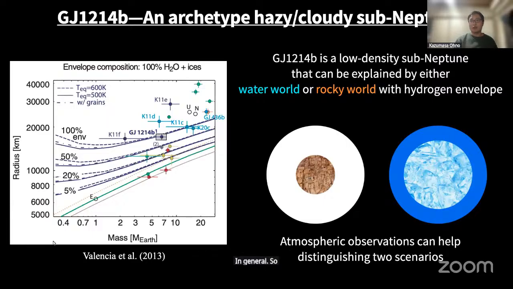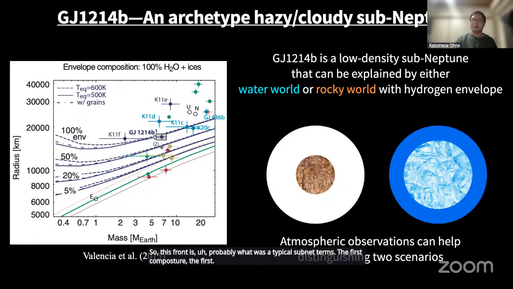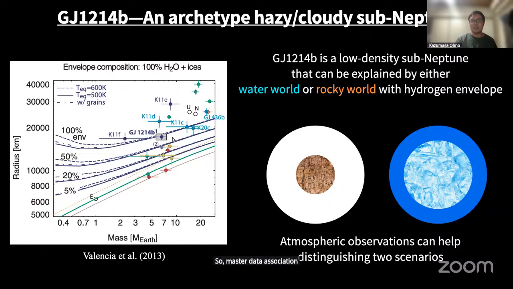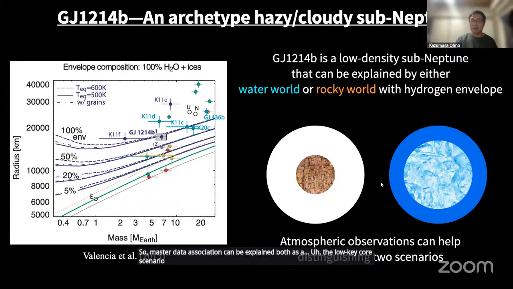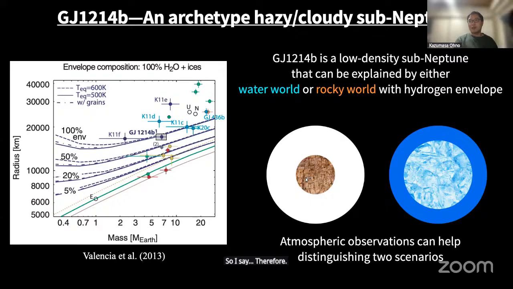So going back to GJ 1214b, this planet is probably one of the typical sub-Neptunes, whose mass-radius relation can be explained by either the rocky core scenario or the icy core scenario. This system is also close to the solar system.